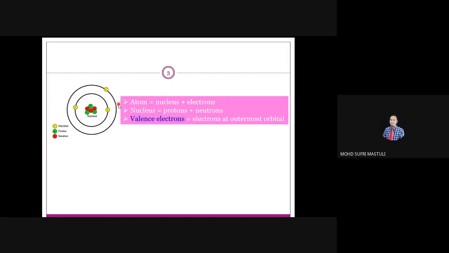As you know, each atom or element in the periodic table contains a nucleus that is surrounded by the electrons in different orbitals. The nucleus also contains protons plus neutrons.